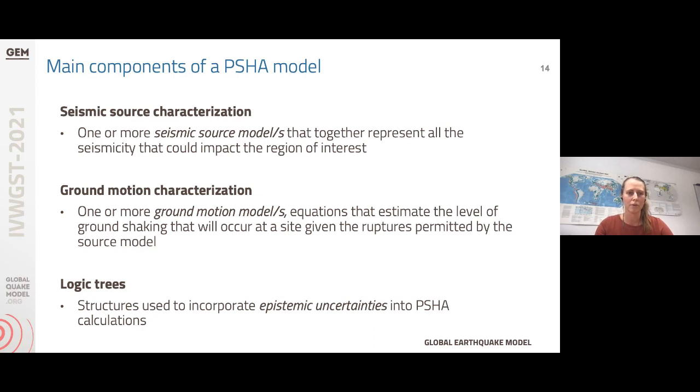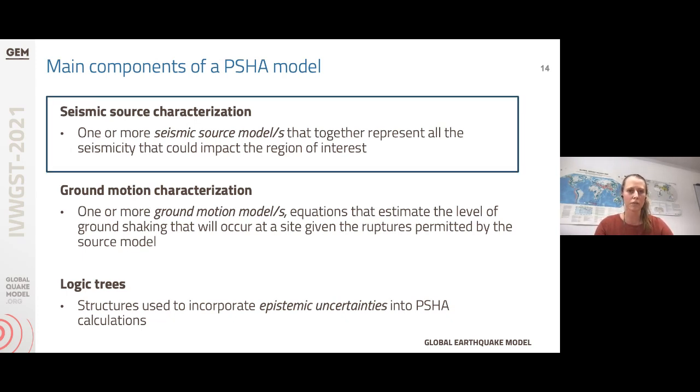The second is the ground motion characterization, which is one or more ground motion models, so an equation that is taking those ruptures permitted by the source models and converting them into a ground motion level. And finally, the epistemic uncertainty in both of these two components is accounted for using logic tree structures. And we'll go into a little more detail on what epistemic uncertainty is once we reach this part of the presentation. So starting out with the seismic source characterization.